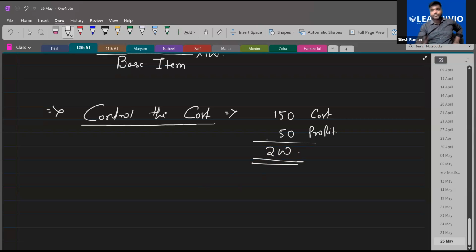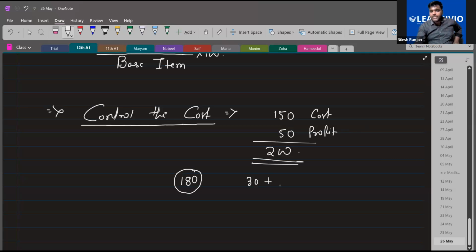But if in the market there are many players like you, all of them have the same product, with no quality change or anything else, then if they are selling the product at 180 and you are selling it at 200, no one will purchase your product. So in a competitive market, you have to price your product according to the market, not according to your expectation.